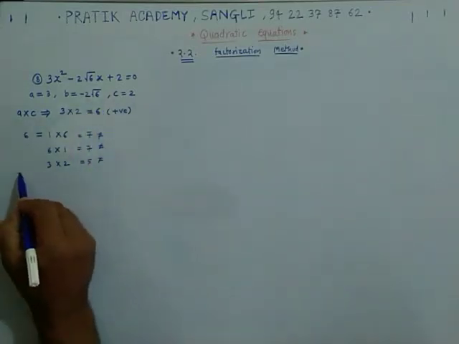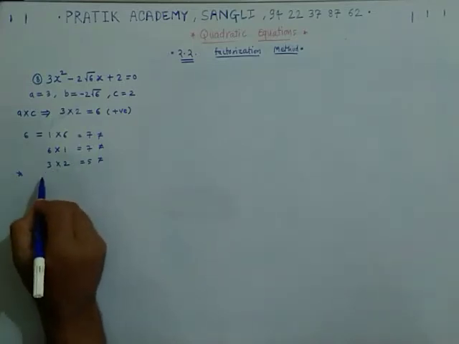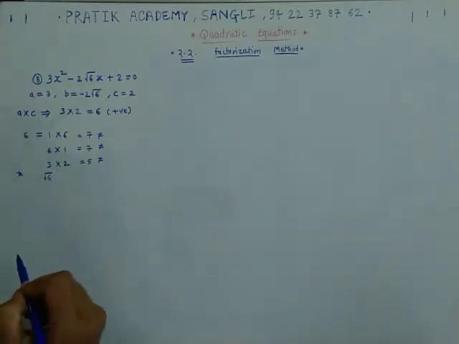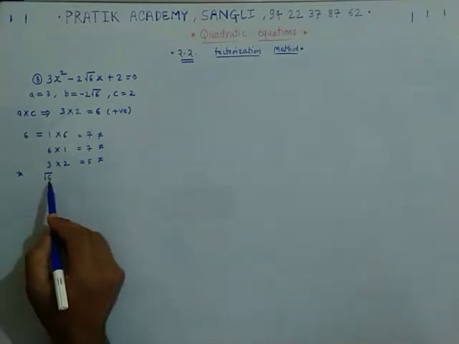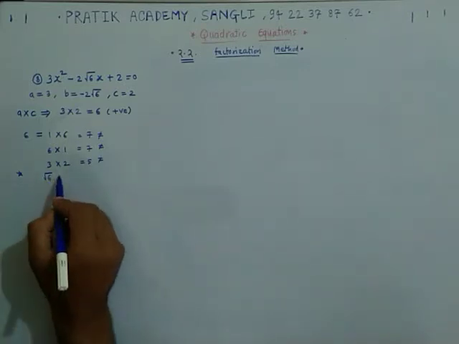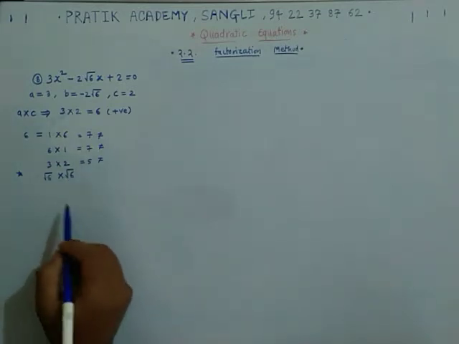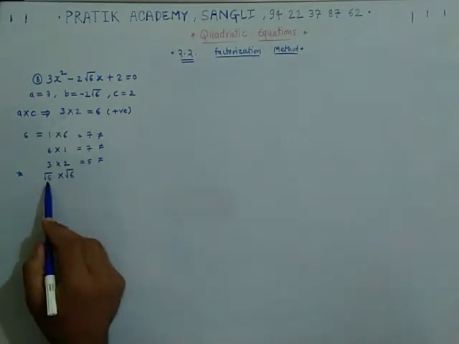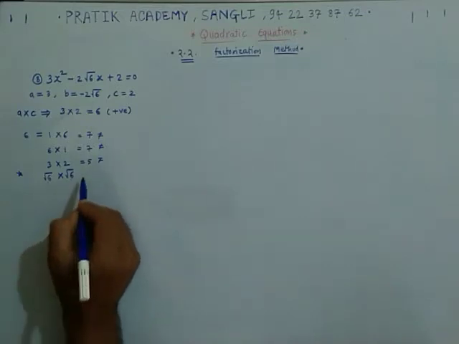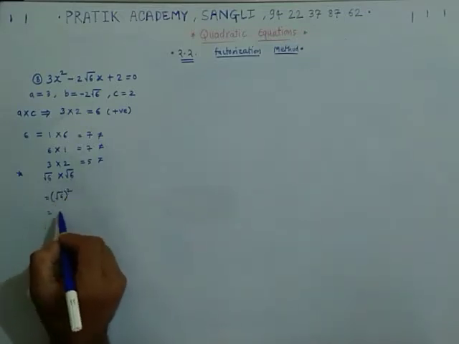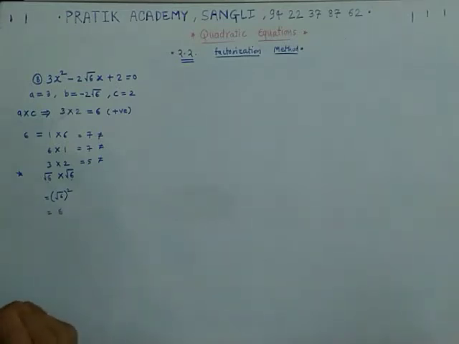So in this problem, remember, we require one factor as root 6. I am purposefully taking root 6 as one factor. If root 6 is one factor, the second factor will also be root 6, because the product of root 6 into root 6 is root 6 bracket square, and this ultimately becomes 6.